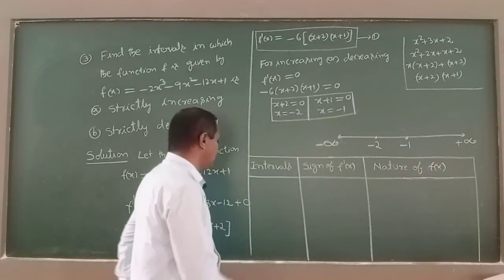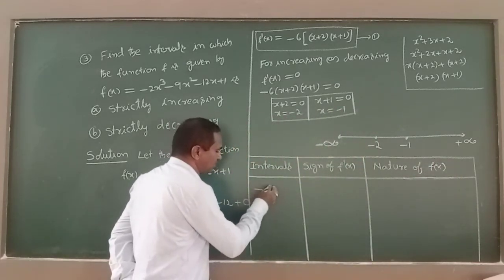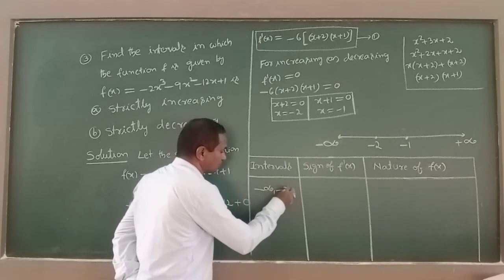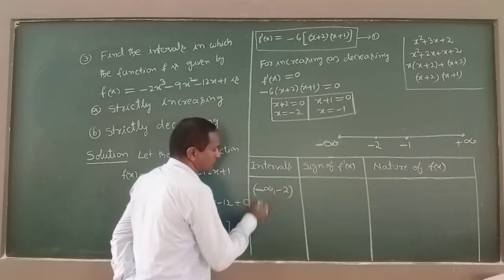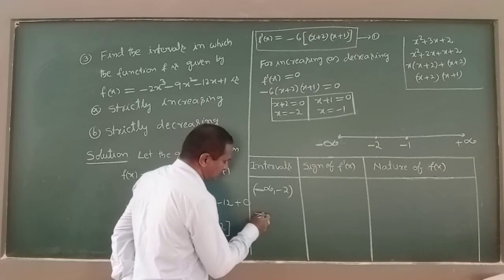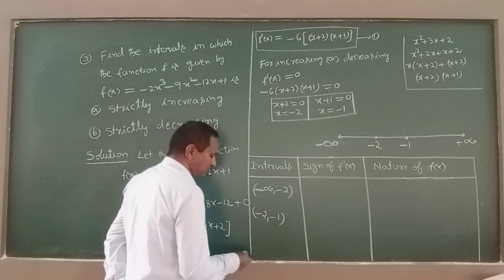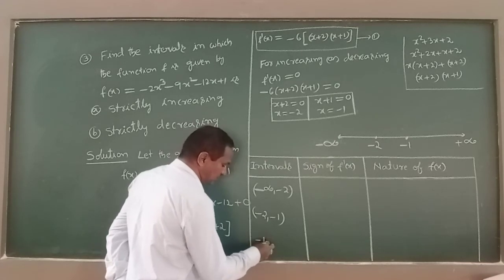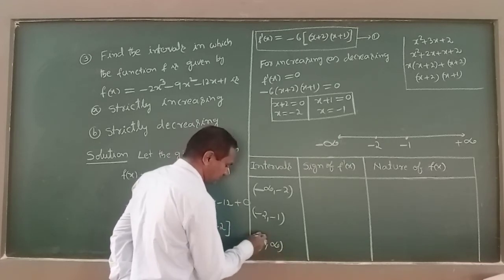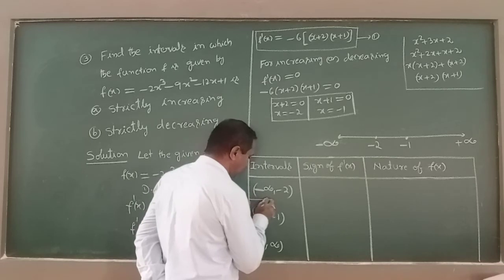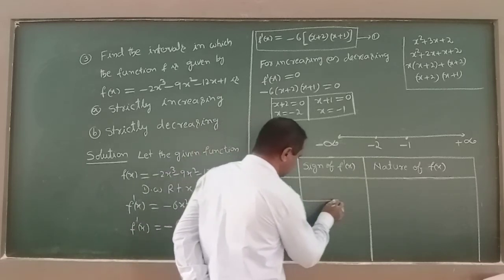First interval is minus infinity comma minus 2. Second interval is minus 2 comma minus 1. Third one is minus 1 comma infinity. Like that we have 3 intervals here.